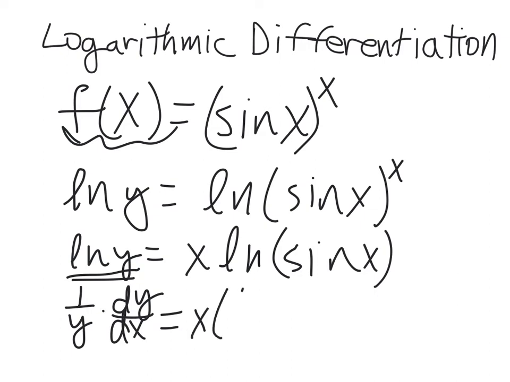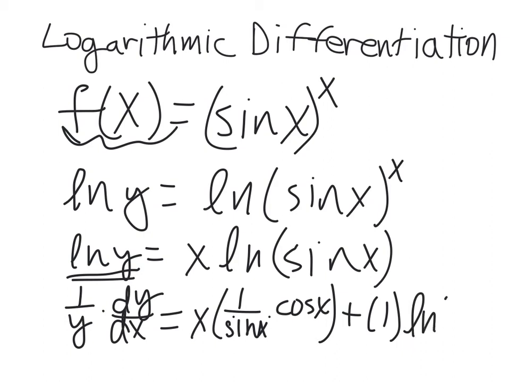First times the derivative of the second, plus the second times the derivative of the first. So the procedure is very straightforward once we get the variable out of the exponent. And then we've got to do one more thing, and try to fit it up here.